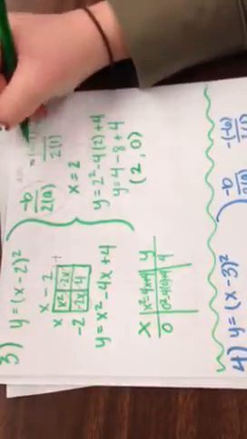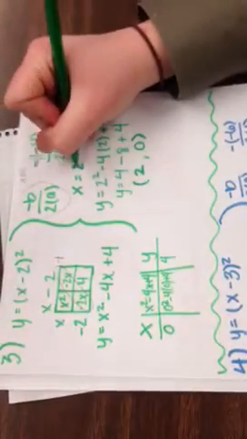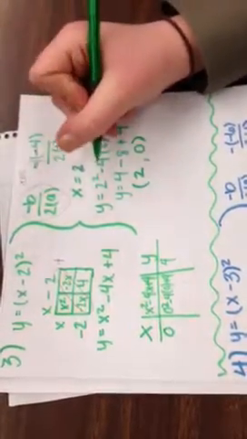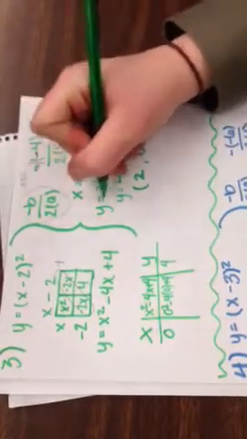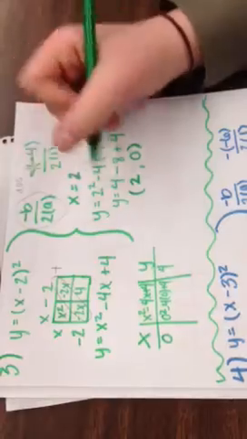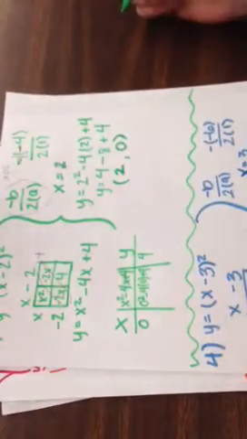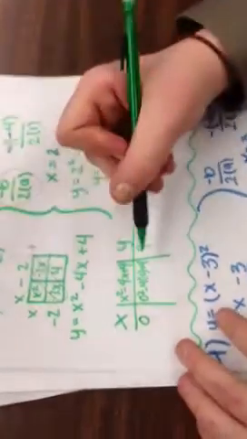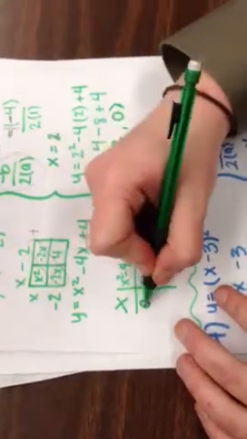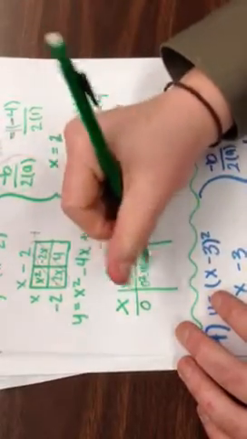Plug it in, 2 negatives, because we already have a negative. And to solve it, we get 2. Then you want to plug that in for x in the original problem, and we get 2, 0. And then you want to find the y-intercept, so we're just going to plug any number in for x, which was 0, and solve that.